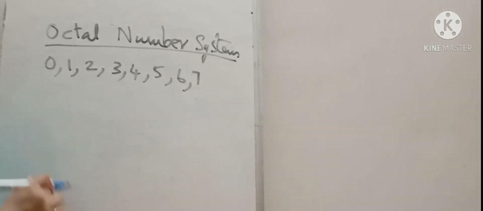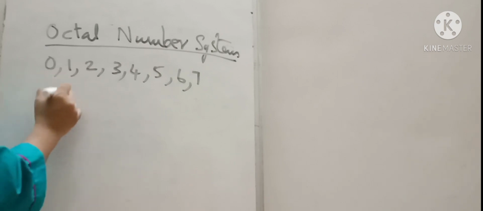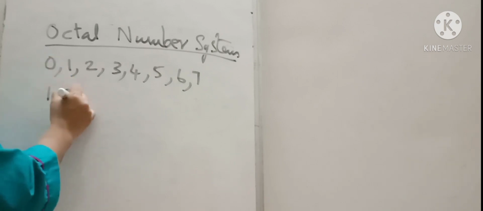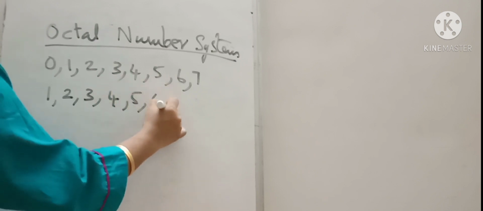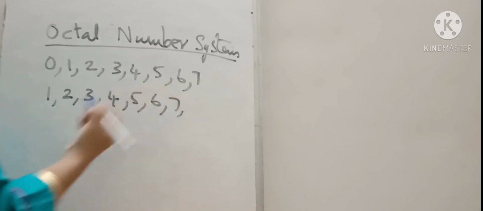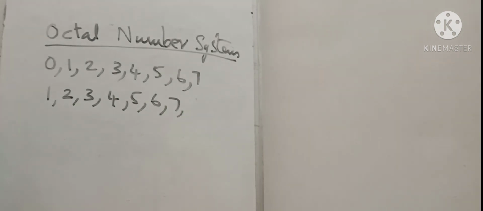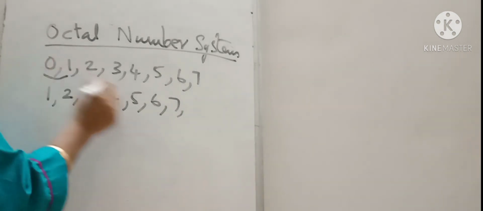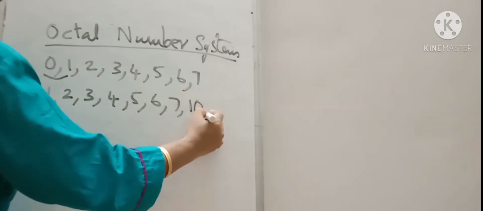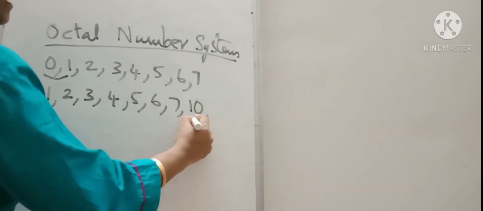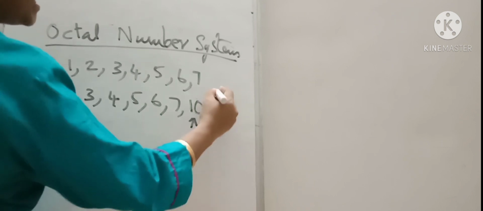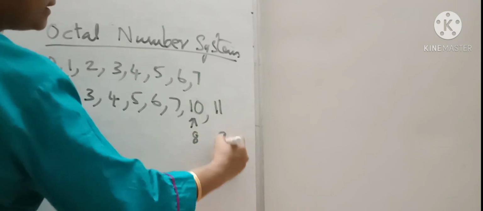Okay, we will just start counting using octal number system. Up to 7 we will count 1, 2, 3 up to 7. Then after that for 8 we will count 1, 0. Then for 9 we will count 1, 1.